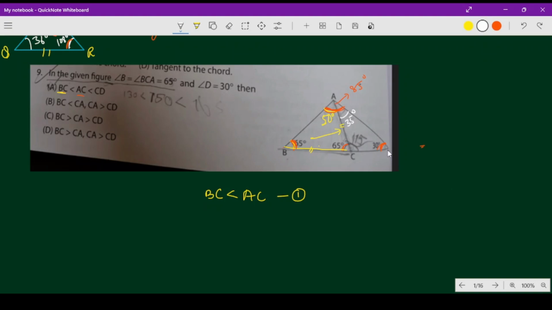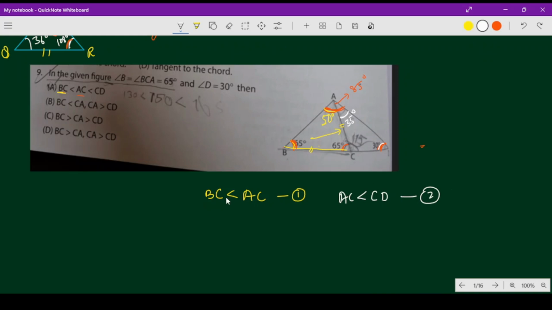Now in this triangle ACD, we have angle A which is bigger than angle D. So the side opposite this angle, which is 35, is CD. So this CD is bigger than what? The side AC, which is opposite of angle D. So this is the second relation.